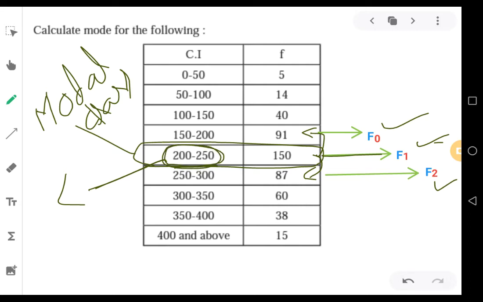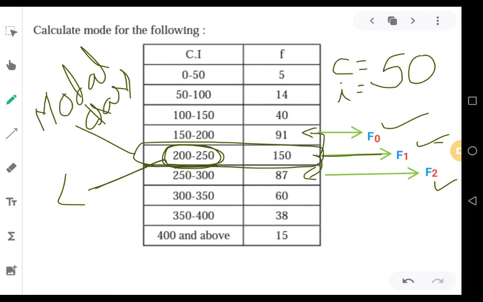Width of the modal class, C or I, is 250 minus 200, which is 50.